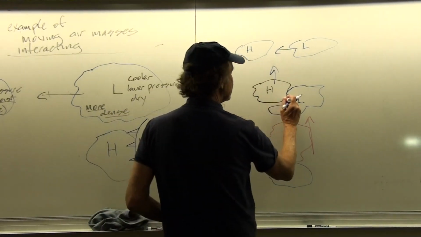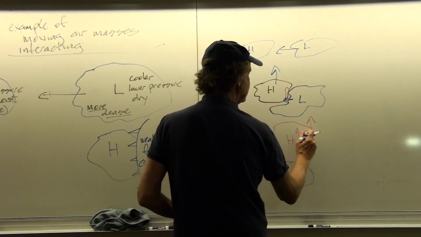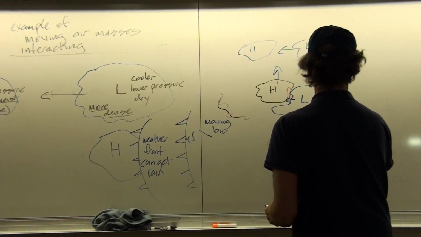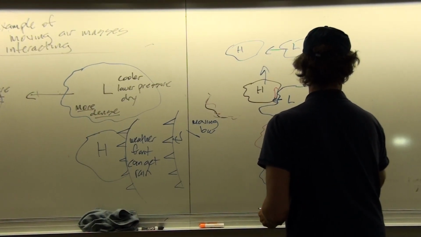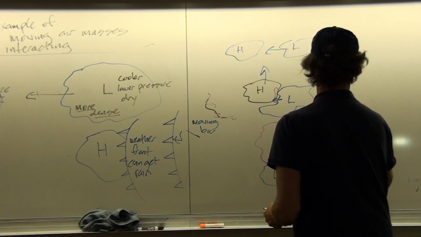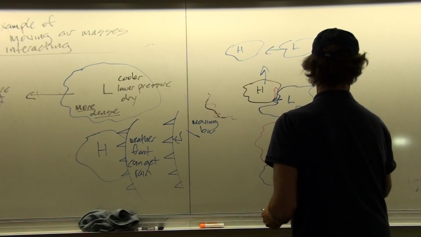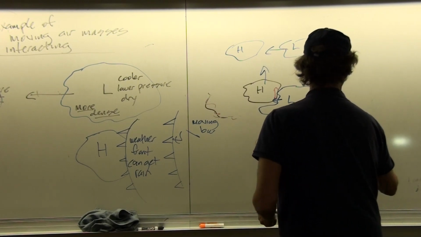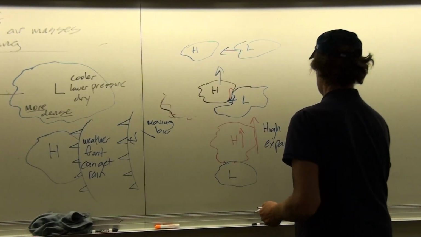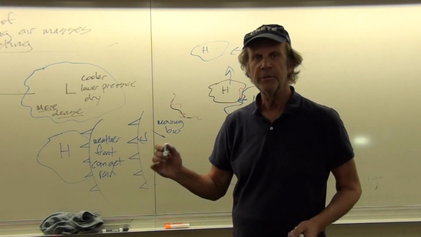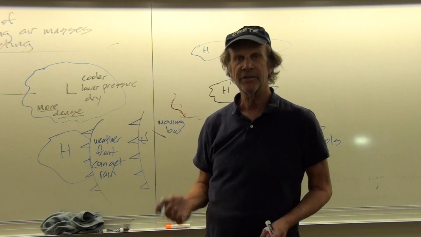Why? Because as the high pressure air mass rises, it expands and cools. Now there's two reasons for this cooling. One is that in the troposphere, the higher up you get, the lower the temperature is.